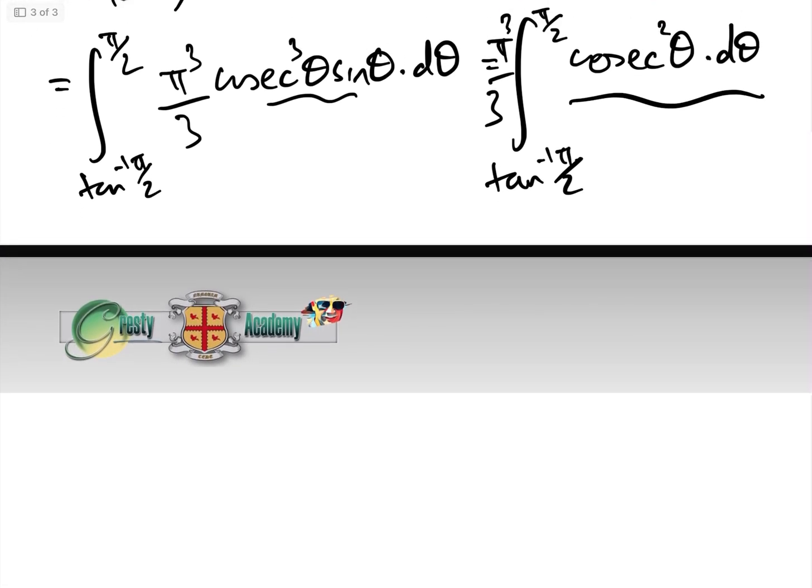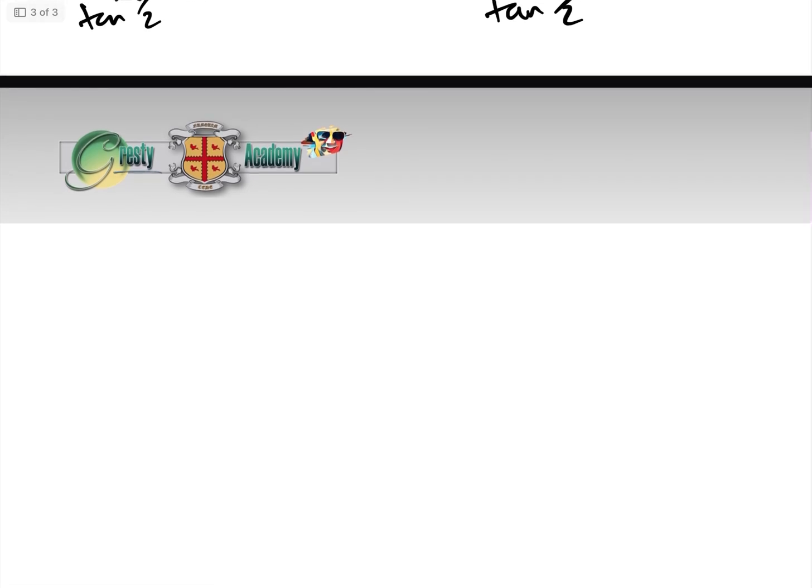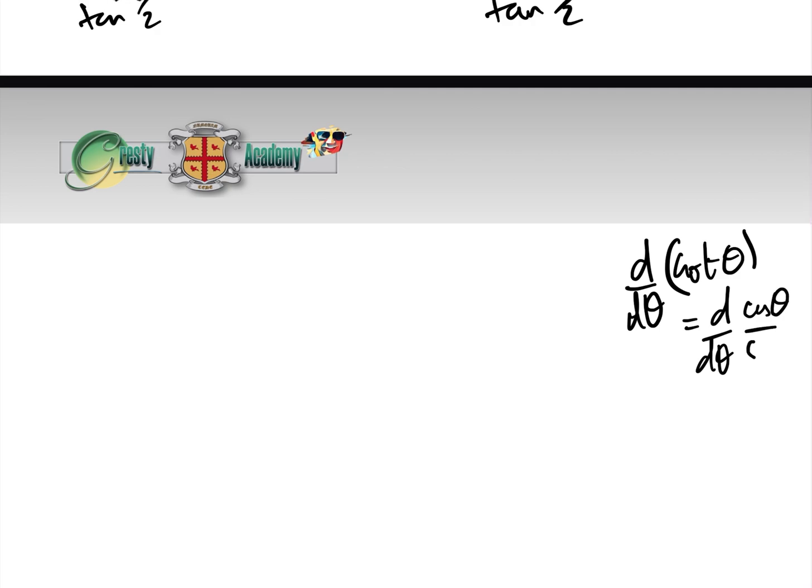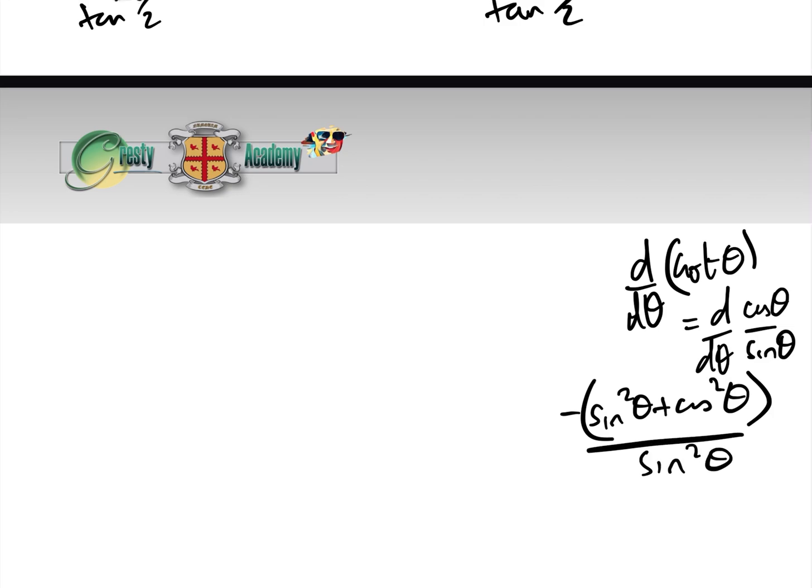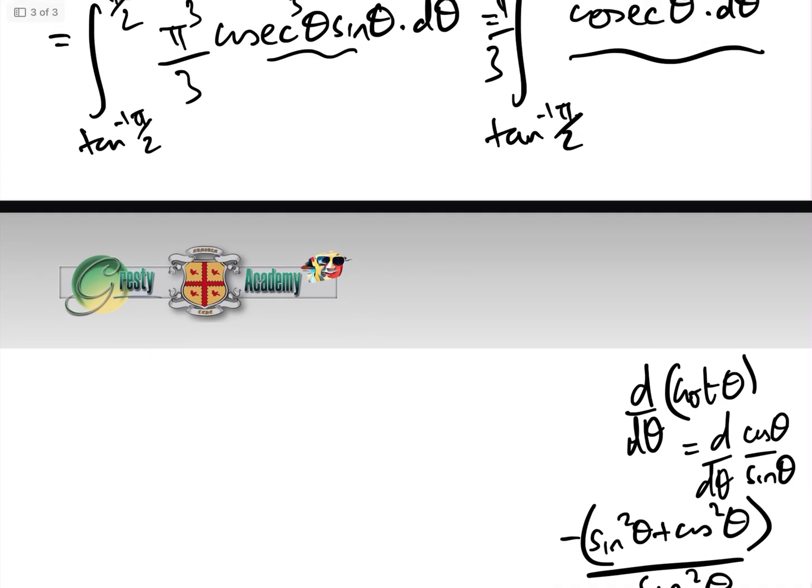Okay, now let's just have a look. How are we going to integrate cosec squared? Well, let's just have a quick look. If we differentiate cot theta with respect to theta, which is the same as differentiating cos theta over sine theta, and we do that by the v du dx minus u dv dx, that gives us minus sine squared theta add cos squared theta over sine squared theta, which is minus cosec squared theta, and so therefore the integral of cosec squared is minus cot.